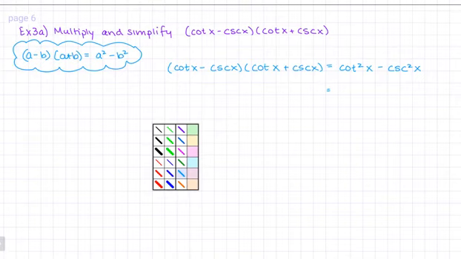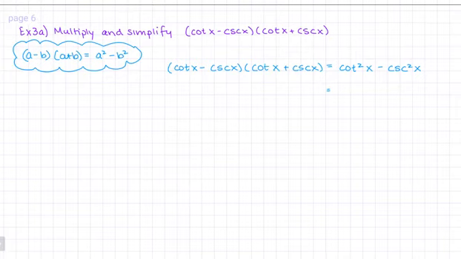Another general strategy, and these aren't hard rules, but in general, if you have functions that are squared, it's probably going to be involving the Pythagorean identities. Another thing that's indicating Pythagorean identities in this case is we do have one Pythagorean identity that relates cotangent and cosecant together. So that's another clue.